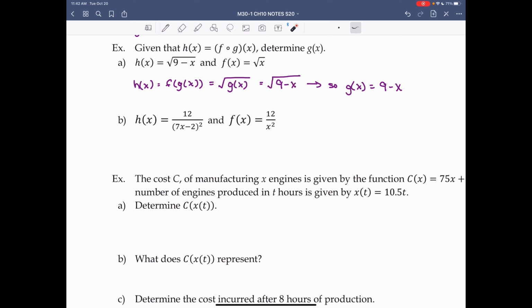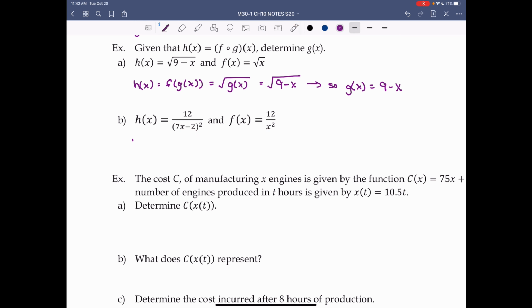h(x) = 12/(7x - 2)², and f(x) = 12/x². So what are we subbing in to f(x) to end up with h(x)? Well, we're replacing this x value with 7x - 2. So that means g has to be 7x - 2.